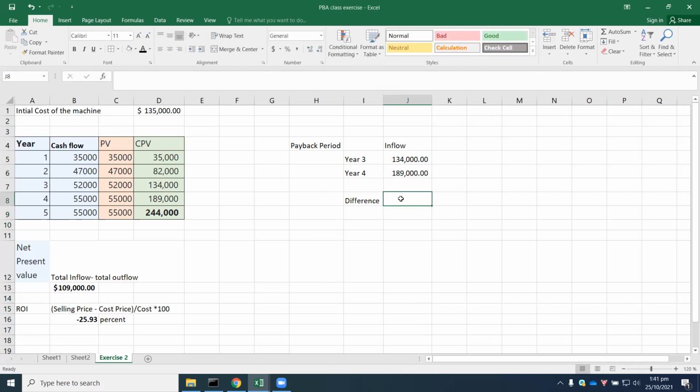Over here it equals 189,000 minus 135,000. So this is the difference between the values. And then you will try to find out the yearly difference.